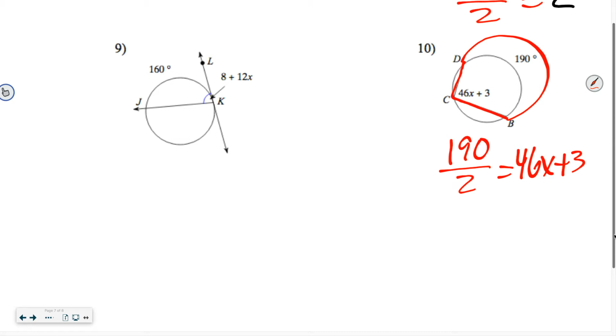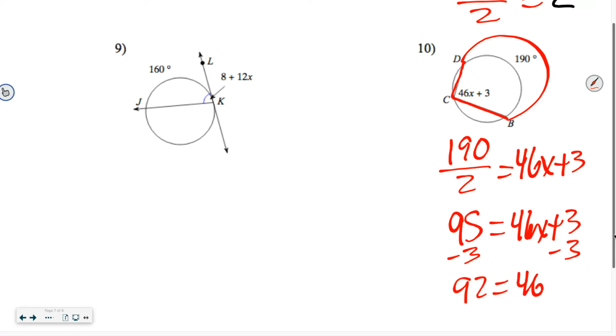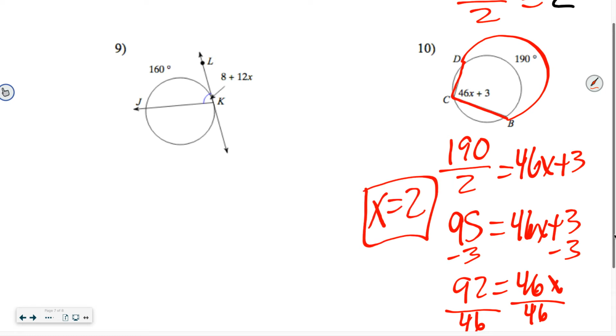So I have 95 equals 46x plus 3. I'm going to subtract 3 from both sides, so 92 equals 46x. Divide both sides by 46, and you get x equals 2. Much easier to do, so that you should be able to understand this.